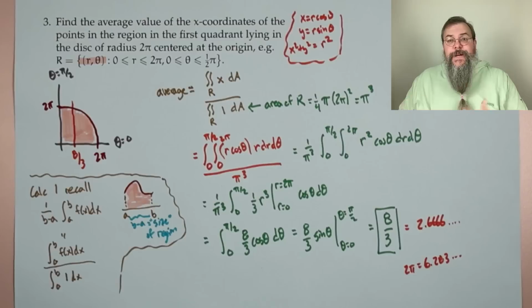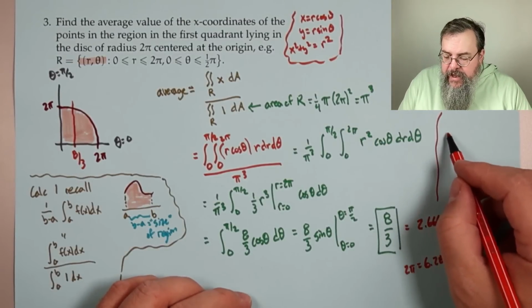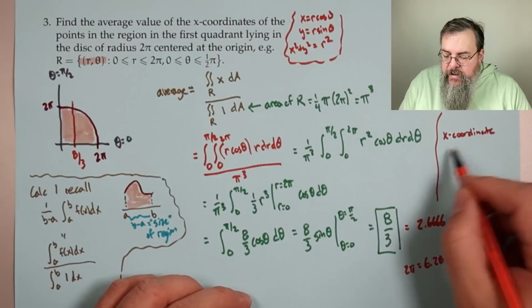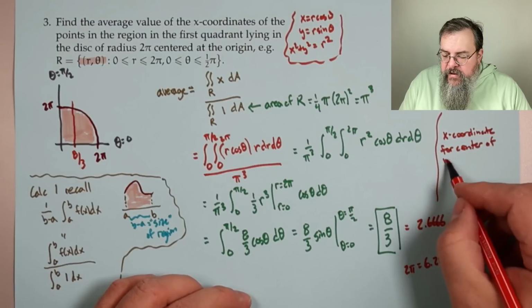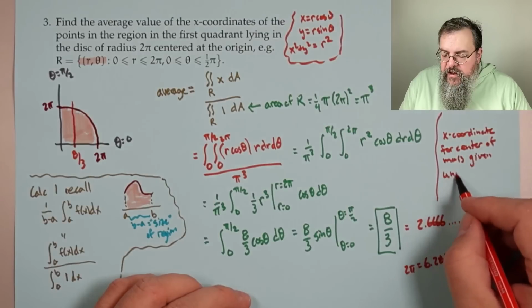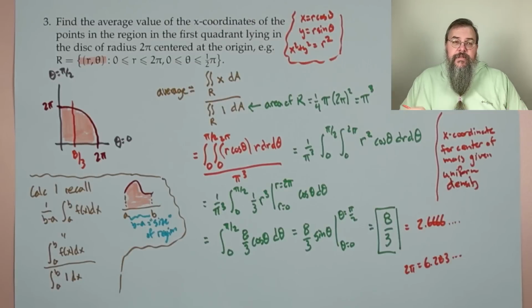There's another way to phrase this whole problem, which is to say, what is the x-coordinate for the center of mass given uniform density? So it's really a center of mass problem in disguise when they phrase it this way.